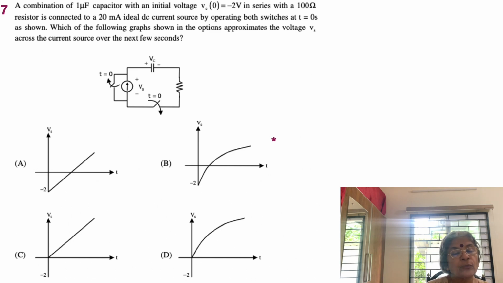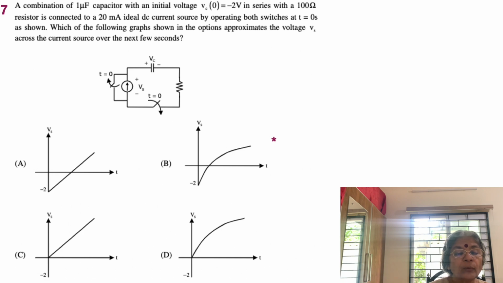So what was happening earlier was that we had the first steady state before the switches operate. We had the current source continuously allowing the current to flow through the short circuit across it because the switch is closed. And we had VC being charged to minus 2 volts, or the signs can be reversed. So we had 2 volt here, and it was open.